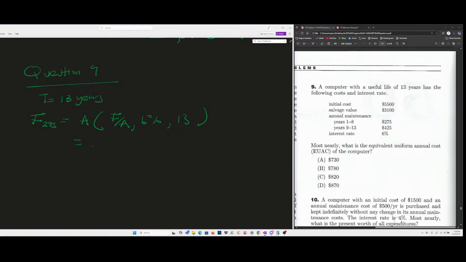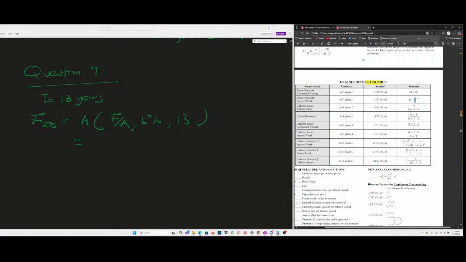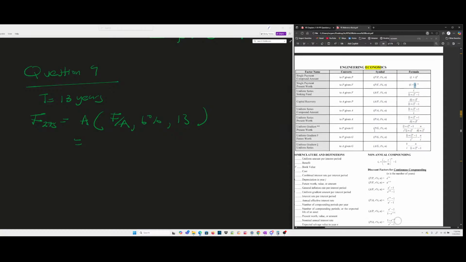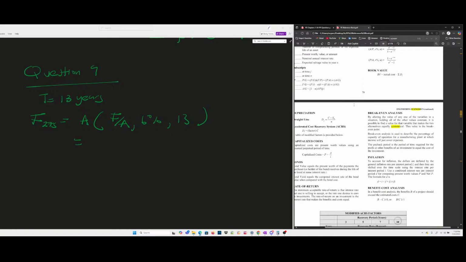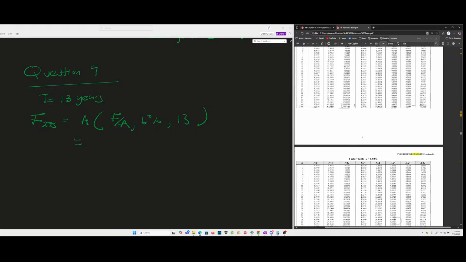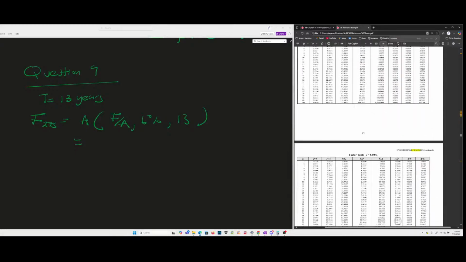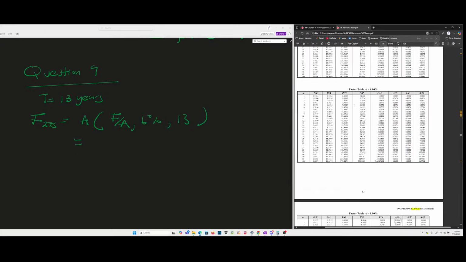I've already solved this. Remember, we can either use this table or we can use the formula. Let me see if 6% is in the table. Yes, 6% is in the table, so we're going to use that.